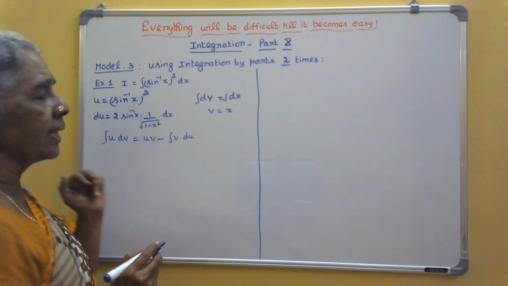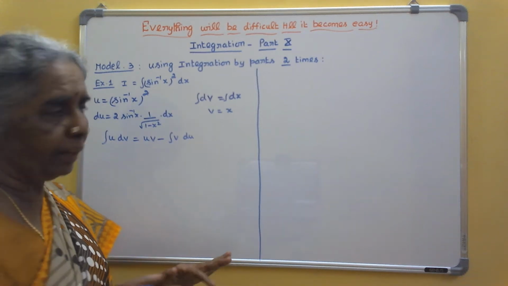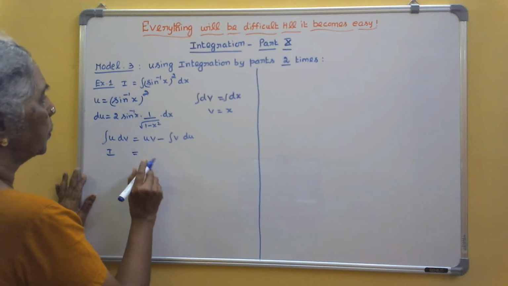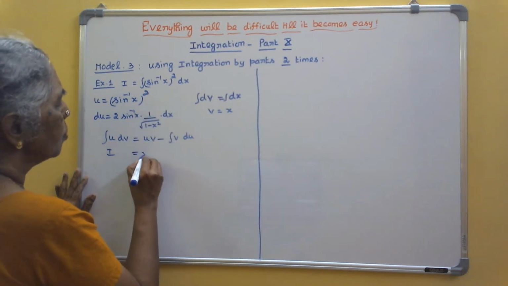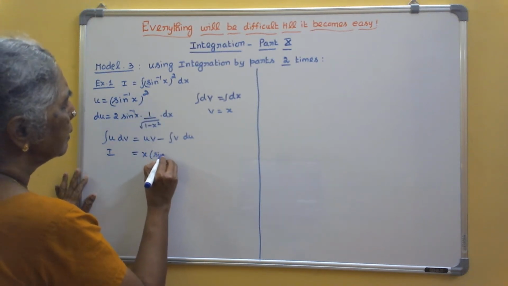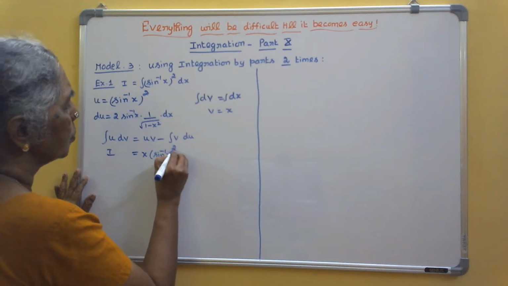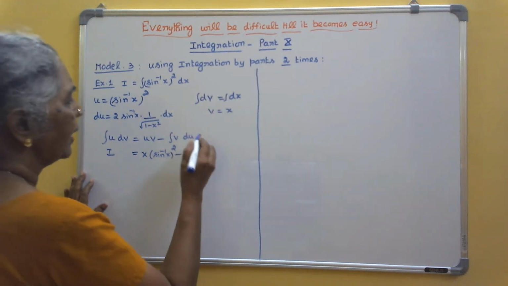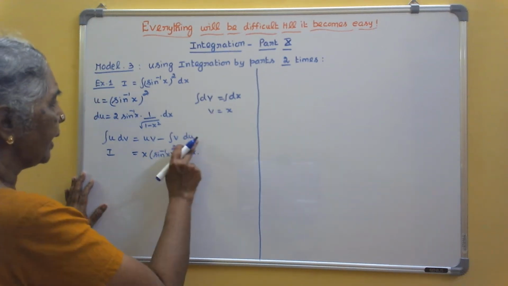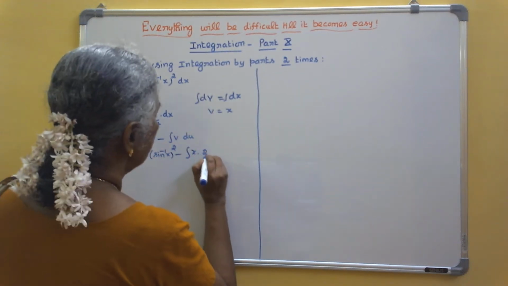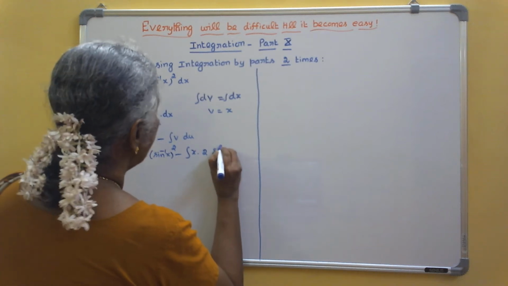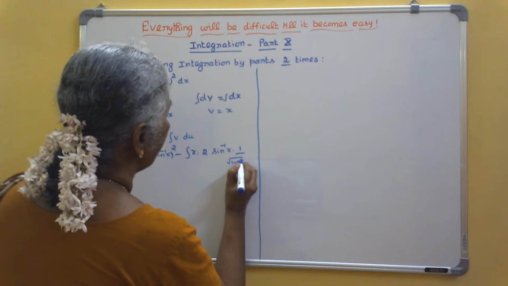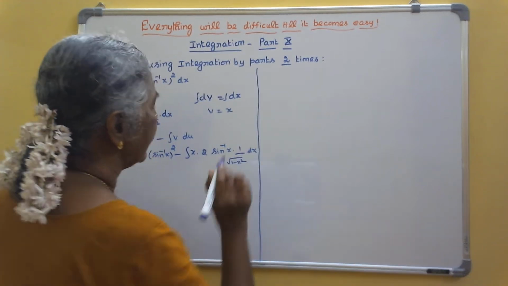The left hand side as usual will be I, I have told you already. So, this will be I. That will be equal to u into v. So, it is x into sine inverse x the whole square minus integral. What is v now? X. Then du is 2 sine inverse x into 1 by root of 1 minus x squared dx.